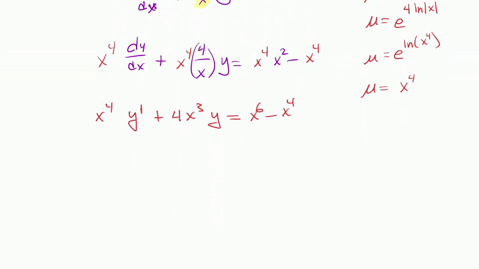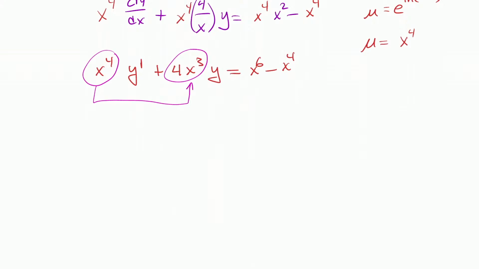Now here's the magic. The magic is that if you do this right, then this function, its derivative will be right there. Isn't that amazing? It always works, if you do it right, that the function that is the coefficient of y prime has this as its derivative. And the reason why this is important is because if you take x to the fourth times y, what's the derivative of x to the fourth times y?